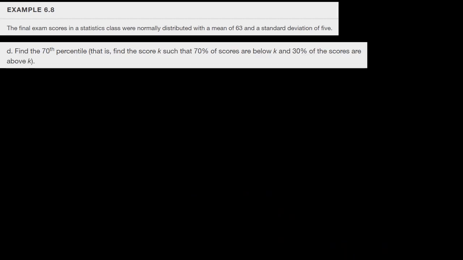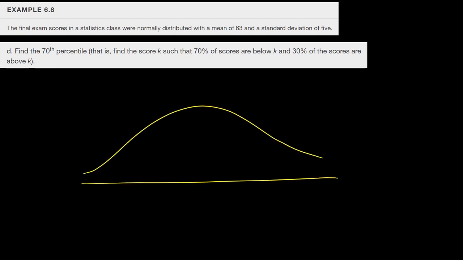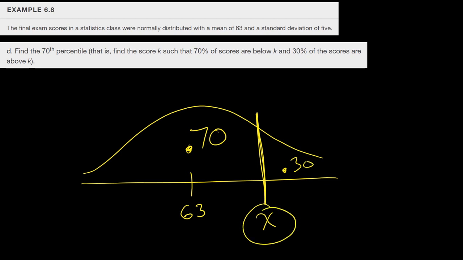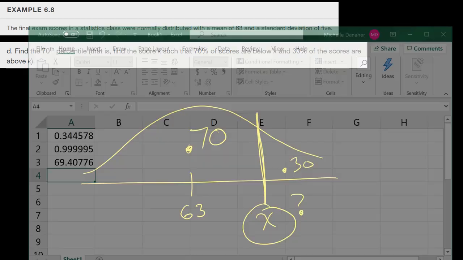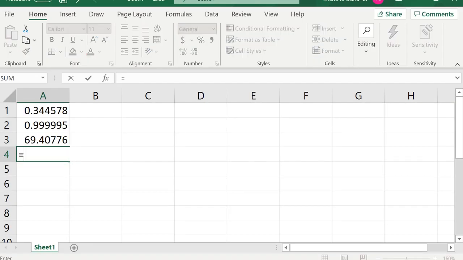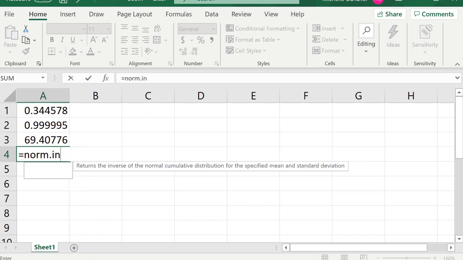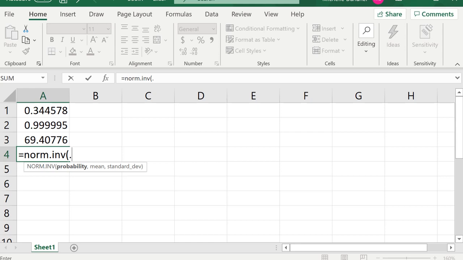All right, lastly, let's find the 70th percentile. Okay, so if I were to draw up the distribution, here in the center I have 63, and somewhere over here, some x value where I know that 0.70 is below that number and 0.30 is above. So again, I'm going to go into Excel to figure out what this number is, using that norm inverse function. Equals norm.inv, open parentheses, the probability now always to the left.